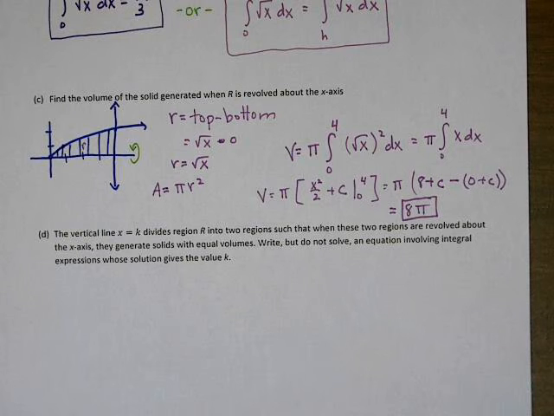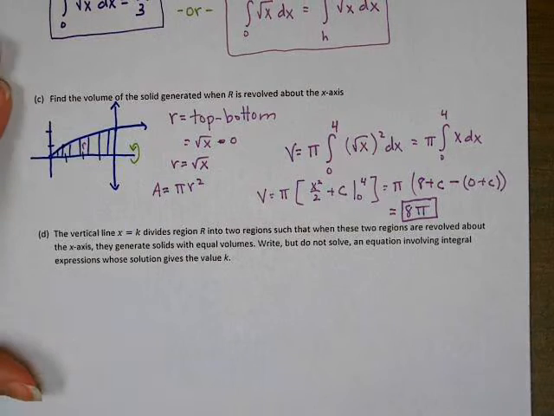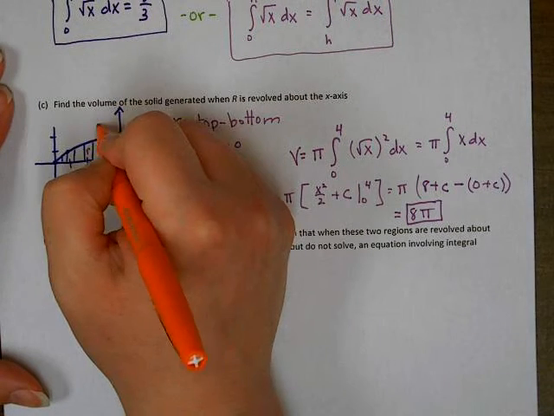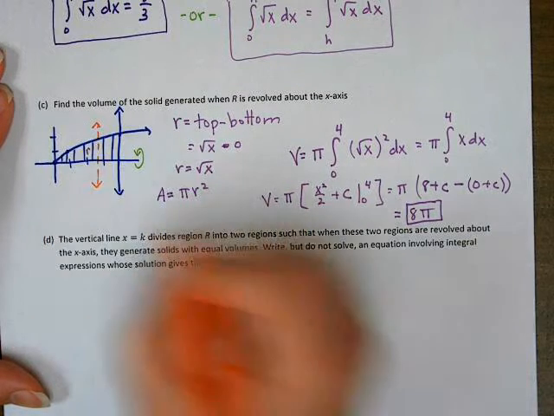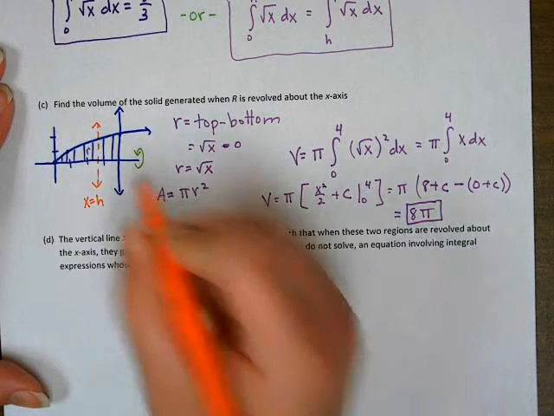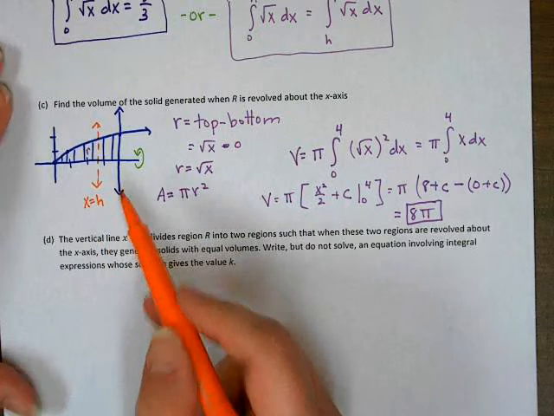The vertical line x equals k divides the region R into two regions such that when the two regions are revolved about the x-axis, they generate solids with equal volumes. So this is really similar to part B, except instead of dividing the area in half, we're dividing this volume in half. So again, we're imagining some random vertical line here. That's x equals k, which is dividing our volume in half.